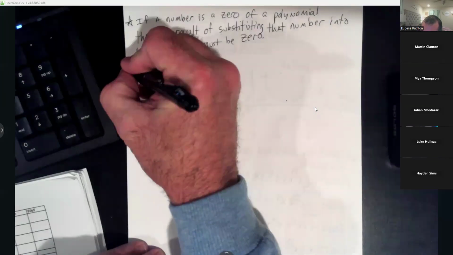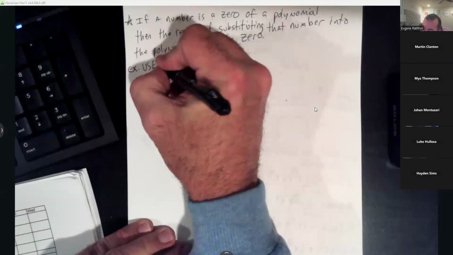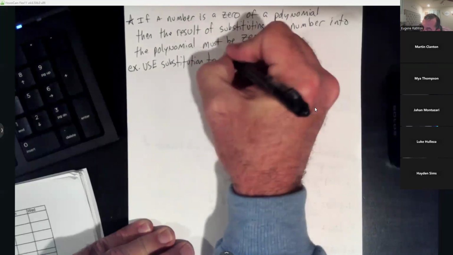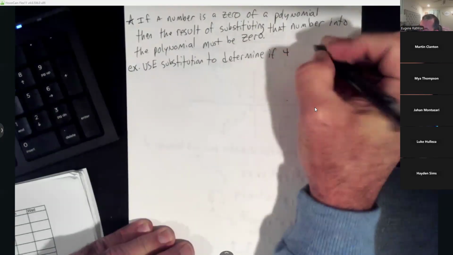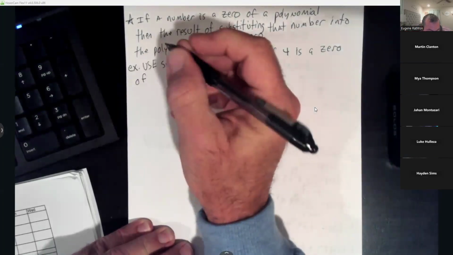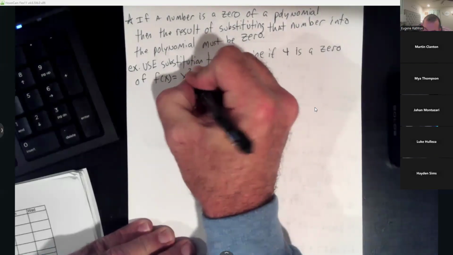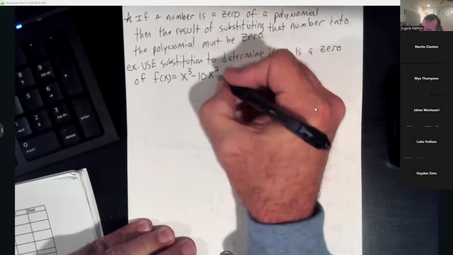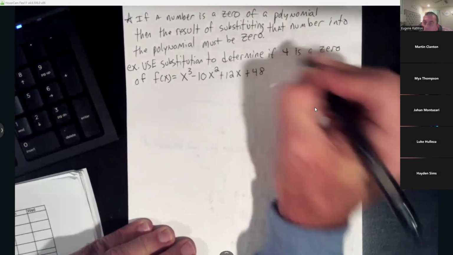So an example of this, we're going to use substitution to determine if 4 is a 0 of f of x equals x cubed minus 10x squared plus 12x plus 48.